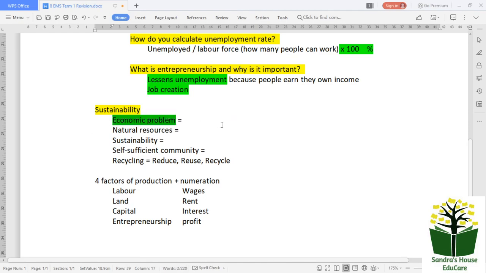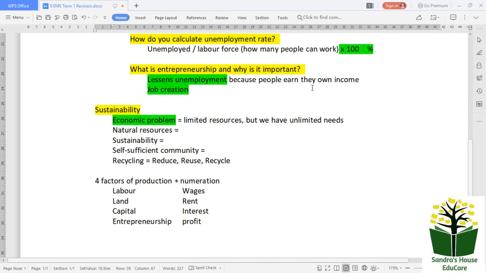The problem is we have limited resources, which means there's only a certain amount of resources available that we can possibly use. But we have unlimited needs.